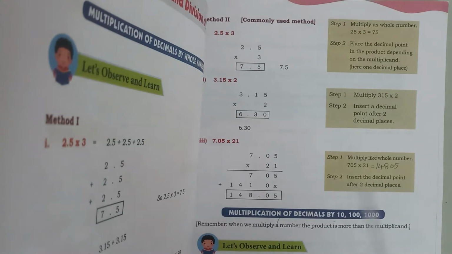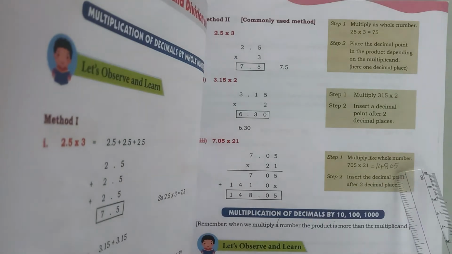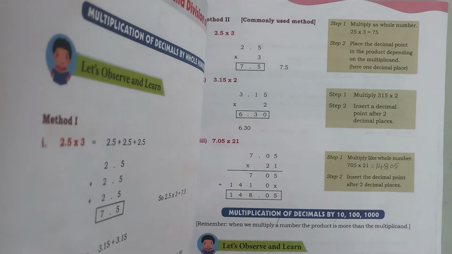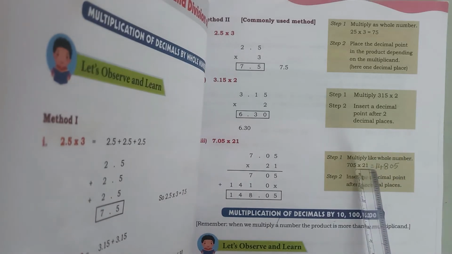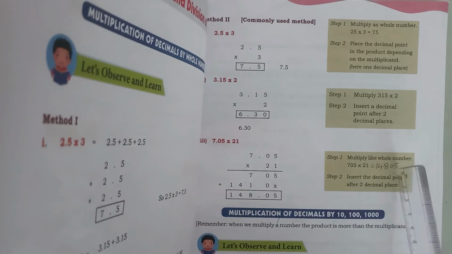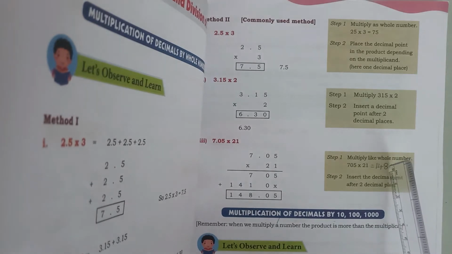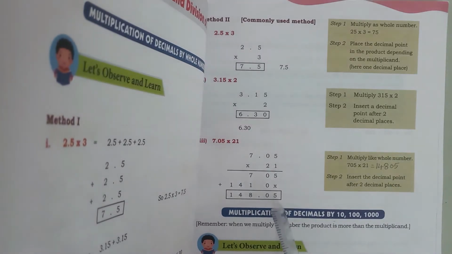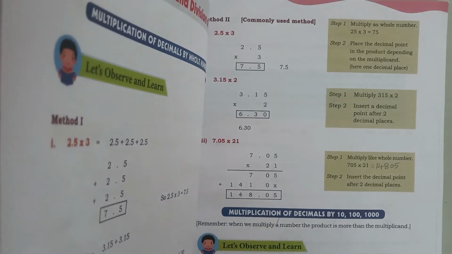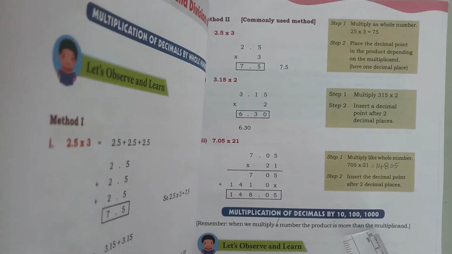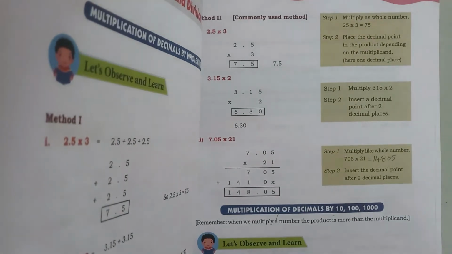So likewise in our answer 14,805, we have to put the decimal point two places from right to left. That means our answer will be 148.05.